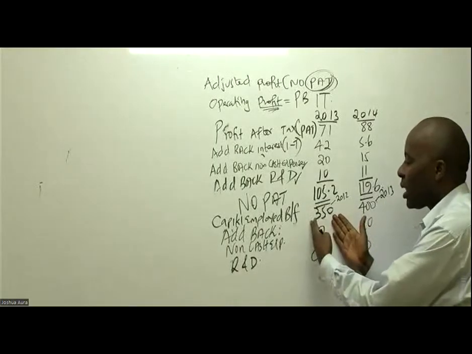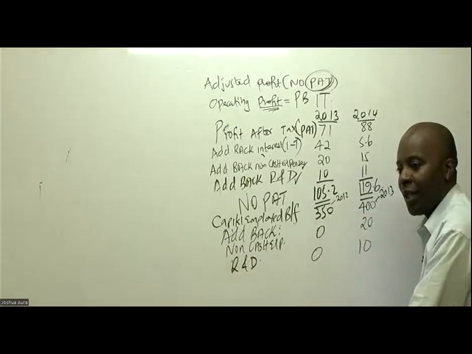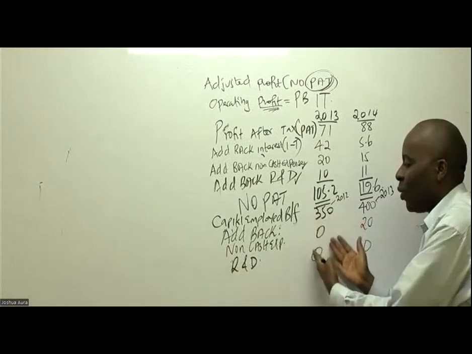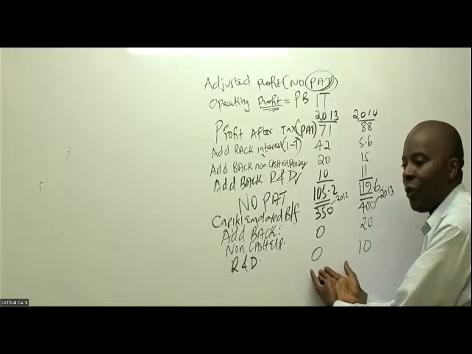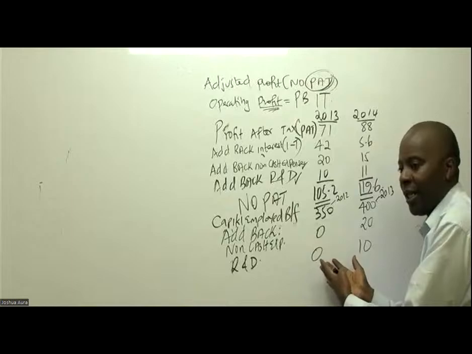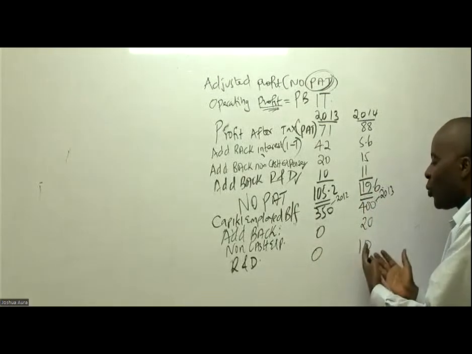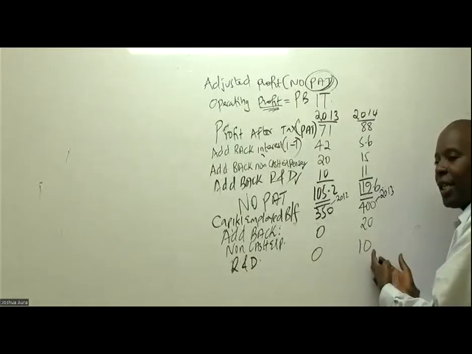We can only adjust this figure for 2012 transactions. In 2012, there was nothing like research and development. This one can only be adjusted for 2013 figures, of which we have research and development of 10.